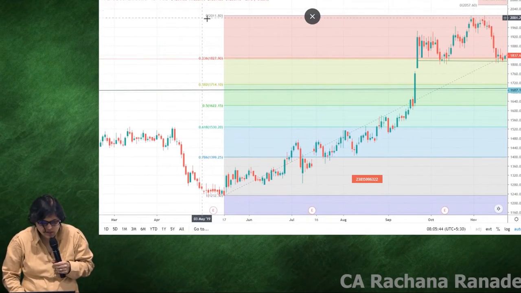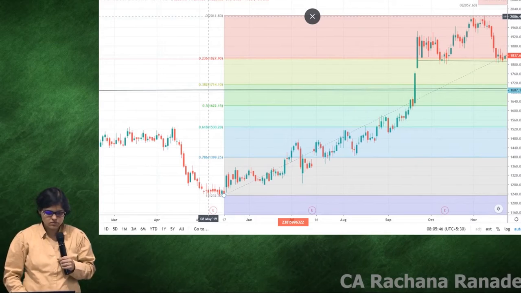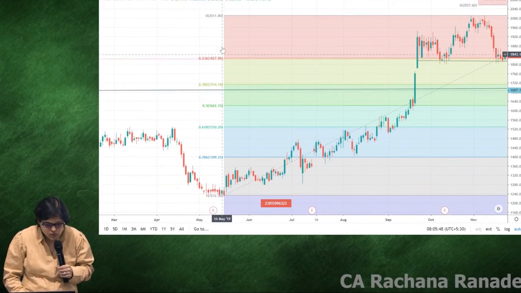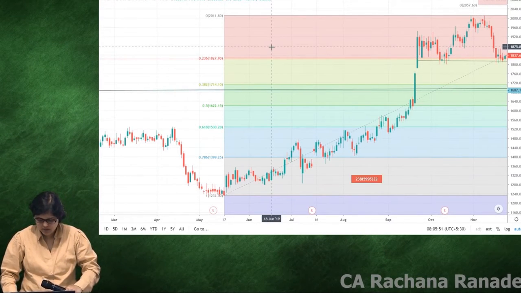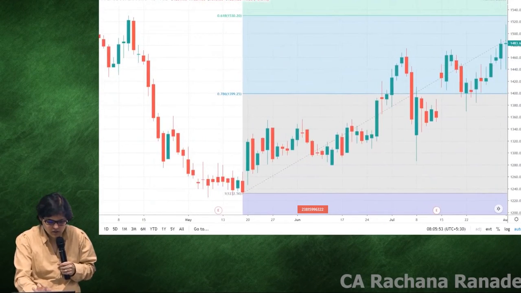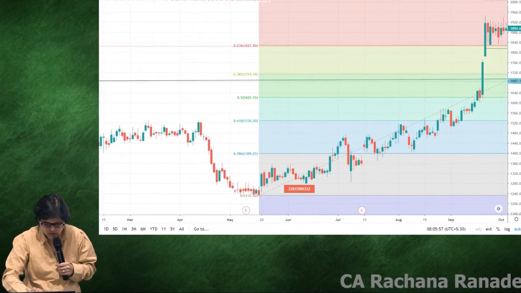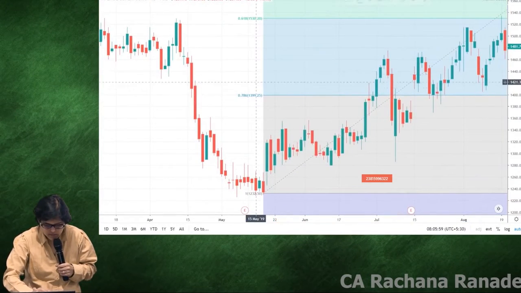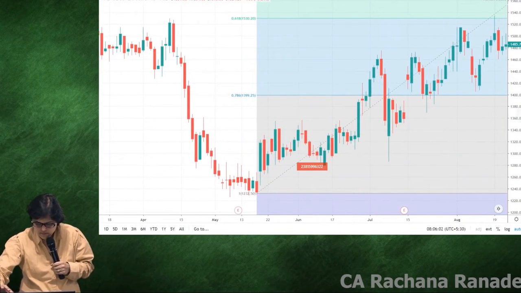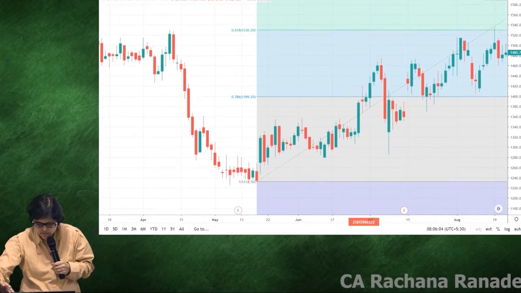So here you can see this is 0. Can you see this 0.236? No need for me to zoom, na? When I'm zooming, something is going bad.